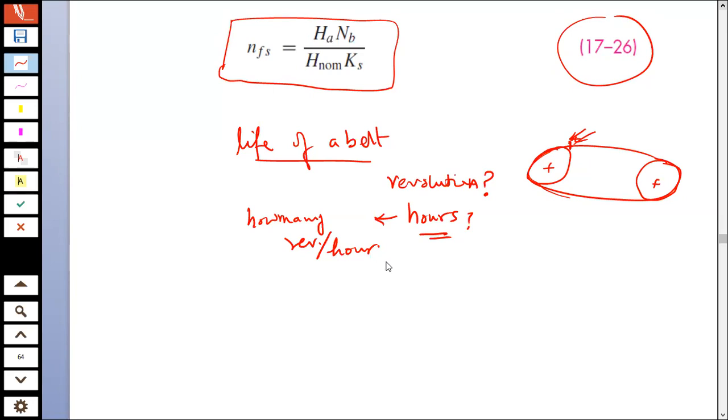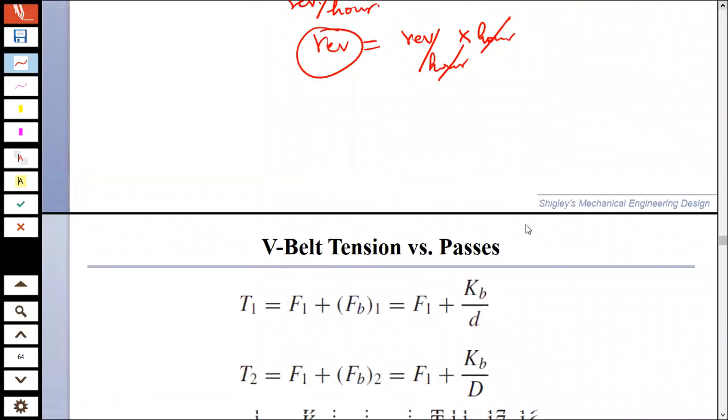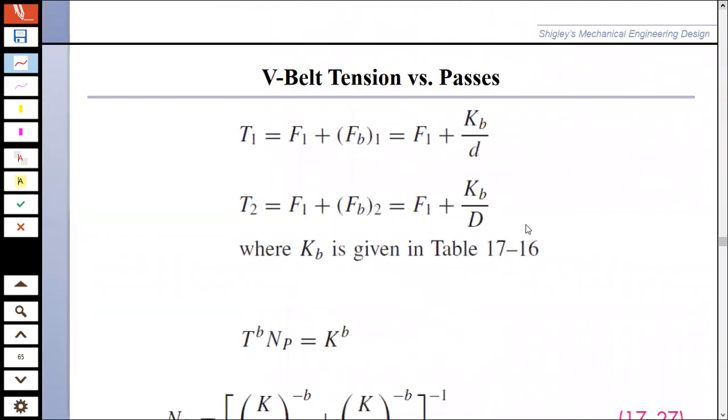So basically, it turns out to be revolutions again, because revolutions per hour and operations in hours, that will cancel with each other, and again you will be left with revolution. So it is one of the same measurement, but you can go ahead and find that from here.